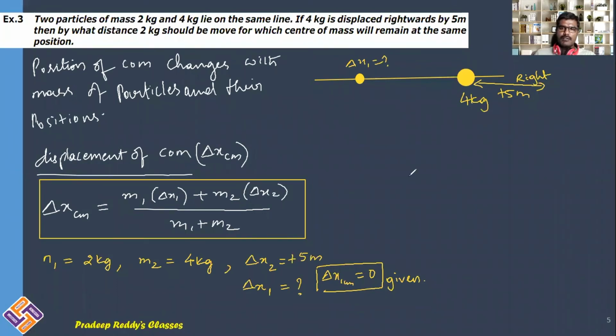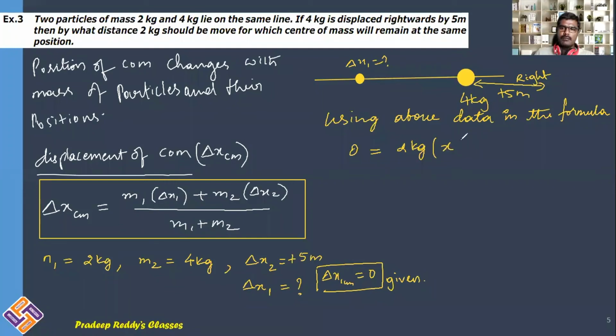Now substitute all the values in the formula using above data. Using the above data in the formula, what did you do? 0 is equal to, what is m1? m1 is 2 kg and delta x1 you should find out, plus second mass is 4 kg and delta x2, that is 5 meter.